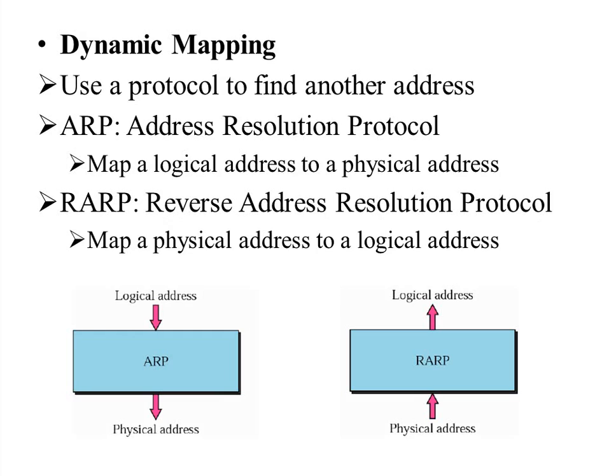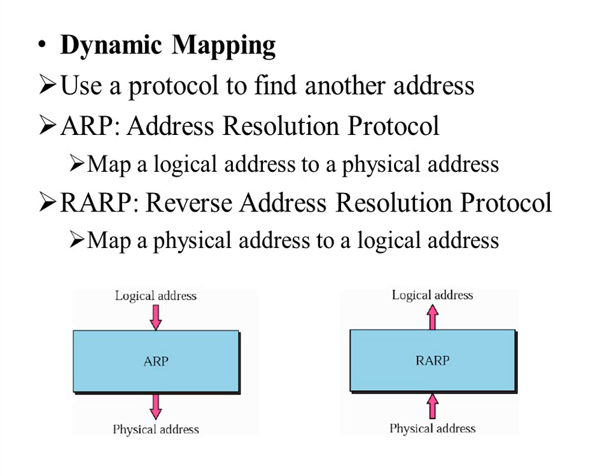Whereas in dynamic mapping, you need not have that table where the logical address to physical address mapping has been done. In dynamic mapping you use the protocols called ARP and RARP. ARP stands for Address Resolution Protocol.